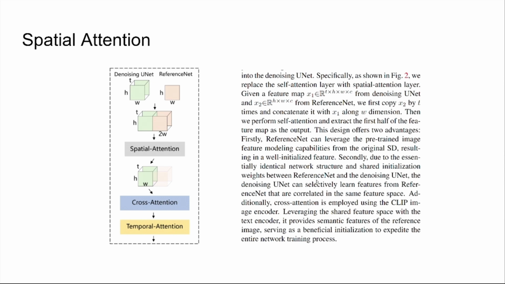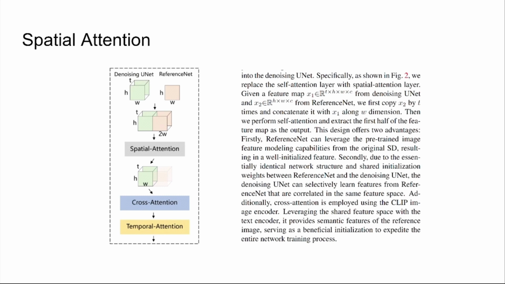This is kind of calculating the influence of the reference image applied onto the video frames, also in the latent maps. If you use self attention you get the same dimension, but the spatial attention they mention here only extracts the first half of this representation.